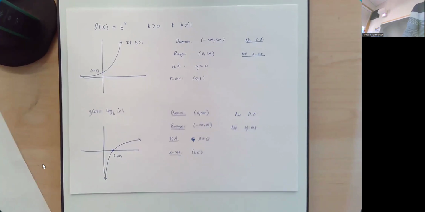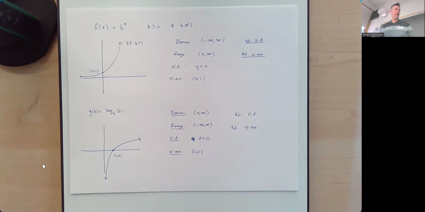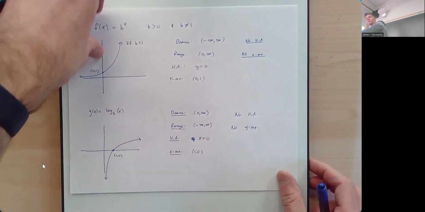Let's see, what else to say about logarithms here? Sure, there's lots to say. We should talk a little about some of the rules of logarithms, and then, I guess we do form graphs too. So let's look at a few more. I'm always like, a few more things, just a few more things.